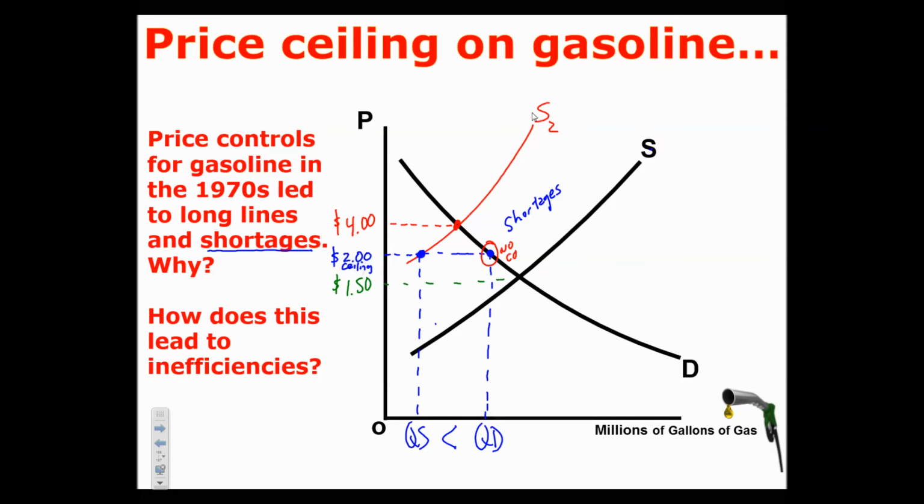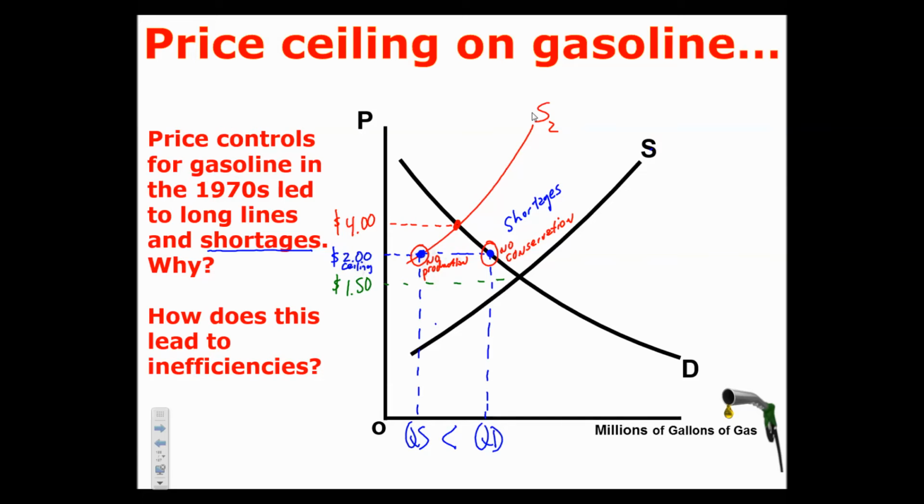No conservation. And at the same $2 price for producers, there's no incentive to produce. So there's less production.